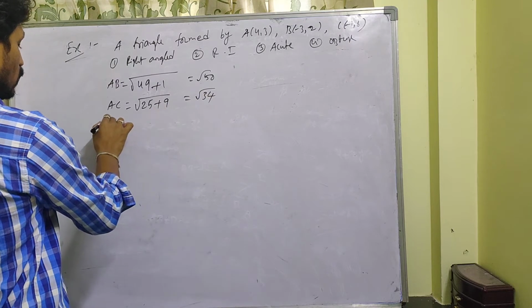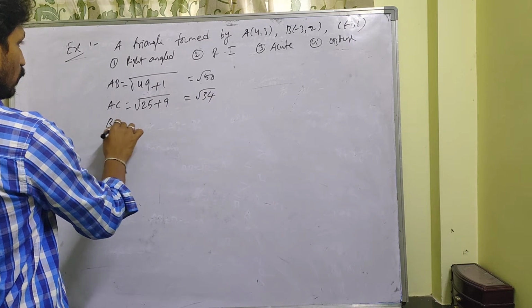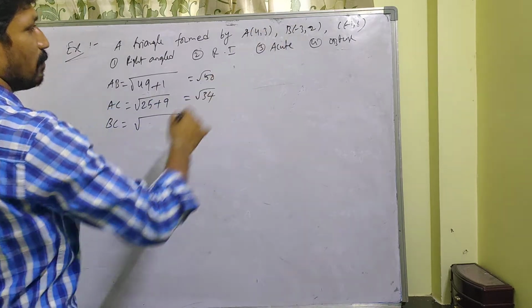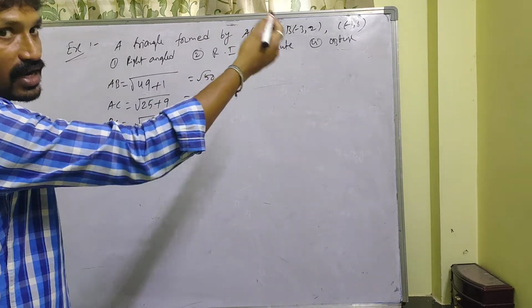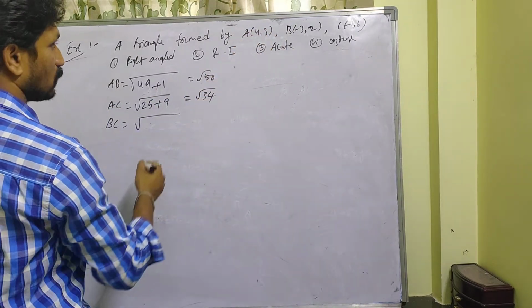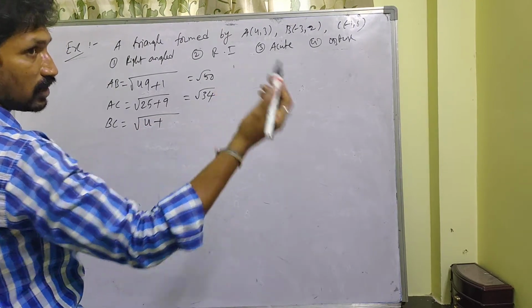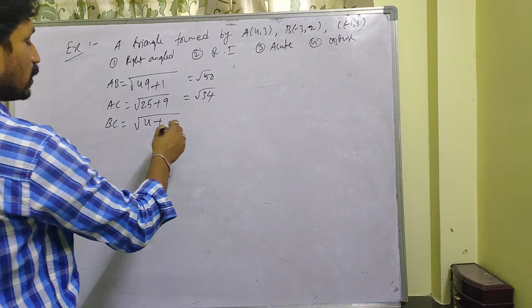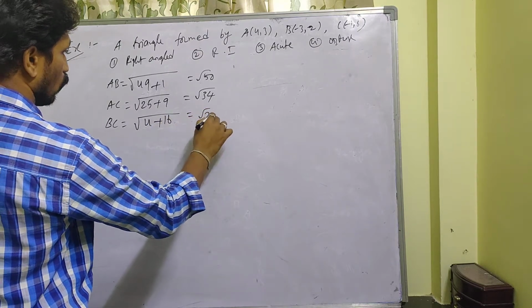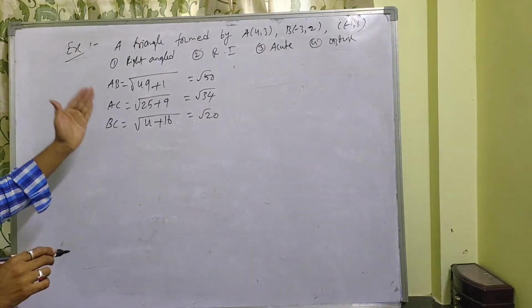Next, BC: root over minus 3 plus 1 whole square, that is minus 3 minus of minus 1, that is minus 3 plus 1, that is minus 2 square, 4, plus 2 minus 6 whole square, that is minus 4 whole square, 16. This is root 20.